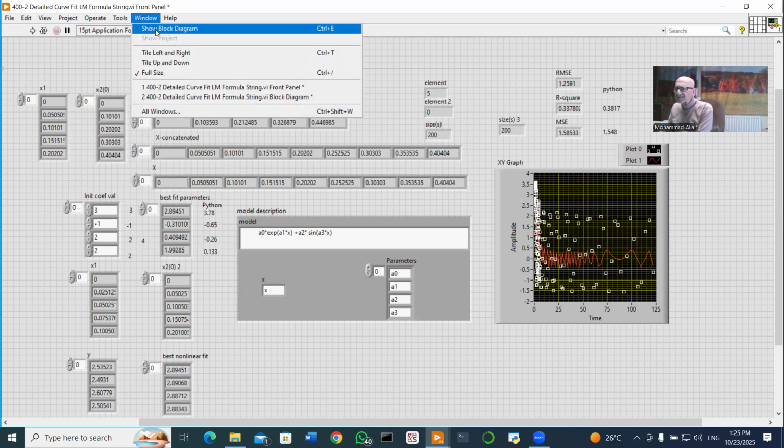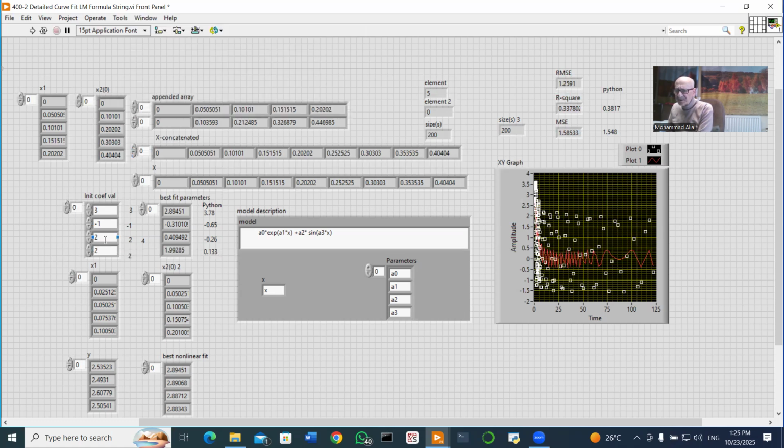I have tried to change, for example, some of the coefficients here, let me say from 2 to 4.